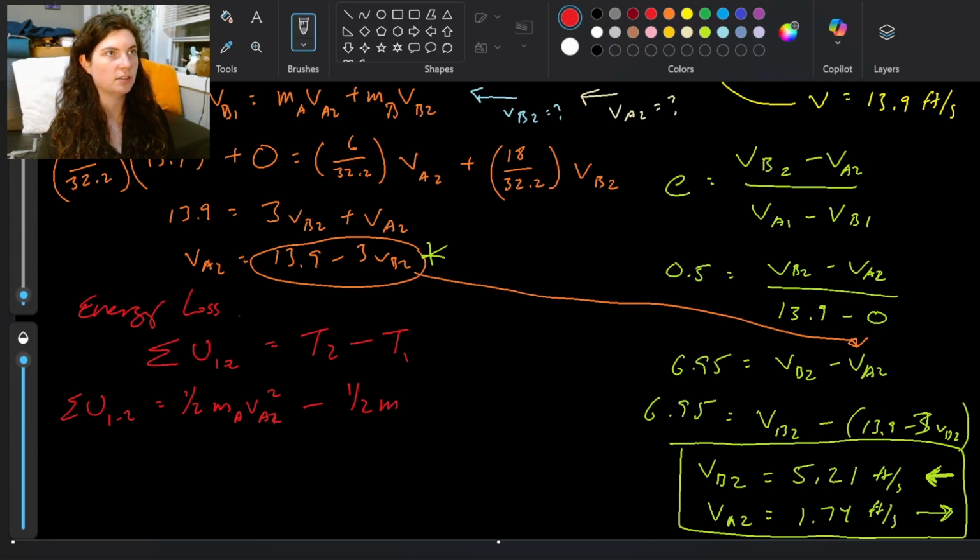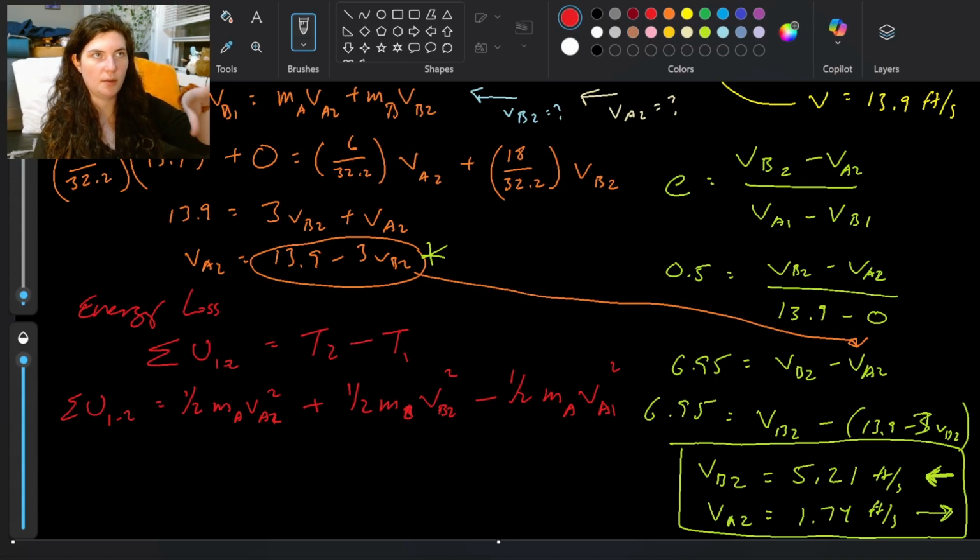Our final kinetic energies minus our initial. Sorry, I got it a little twisted. So final kinetic energy of A plus final kinetic energy of B minus initial kinetic energy just of A, because B has no initial kinetic energy, it was at rest. So all I'm doing is popping numbers into this energy loss equation.